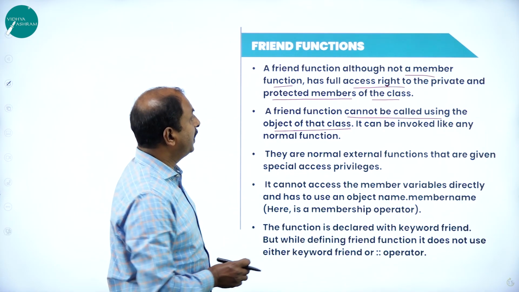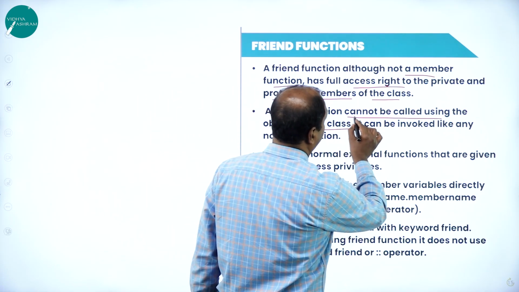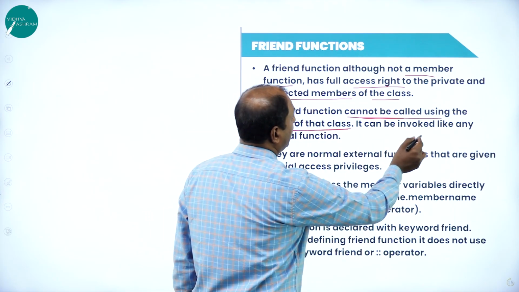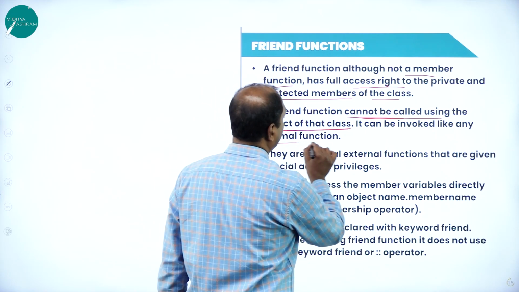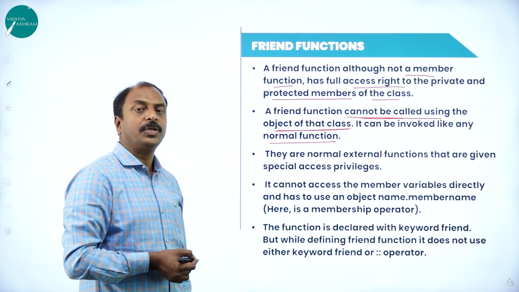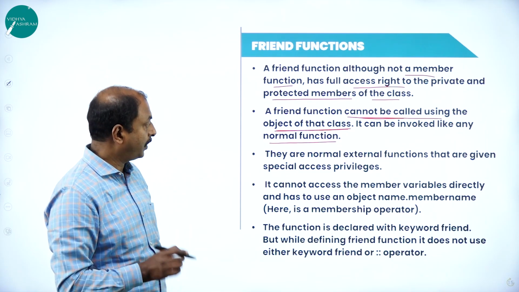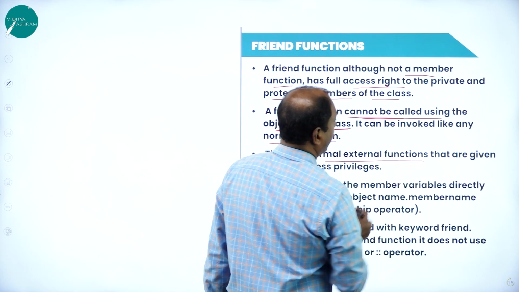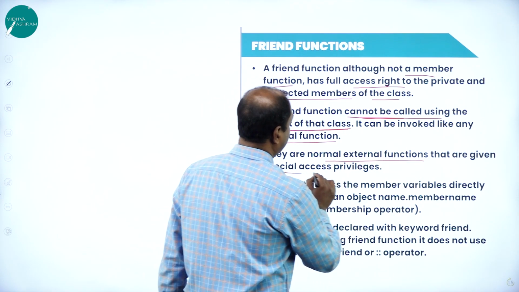But here a friend function cannot be called using the object of that class. It can be invoked like any other normal function. So we have to use it exactly as we use normal functions in a program. They are normal external functions given a special access privilege.